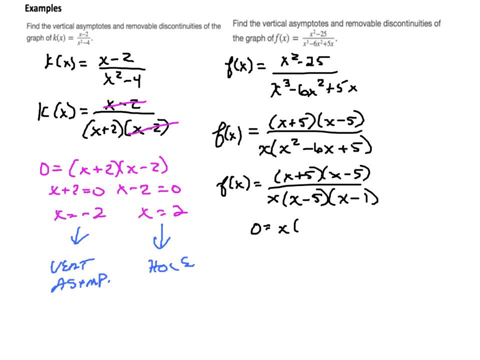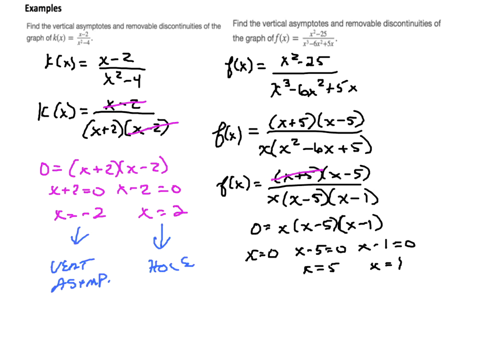All right, so I'm either going to have holes or asymptotes when that denominator equals 0. So I have x equals 0, x minus 5 equals 0, and x minus 1 equals 0. Here x is 5, here x is 1.